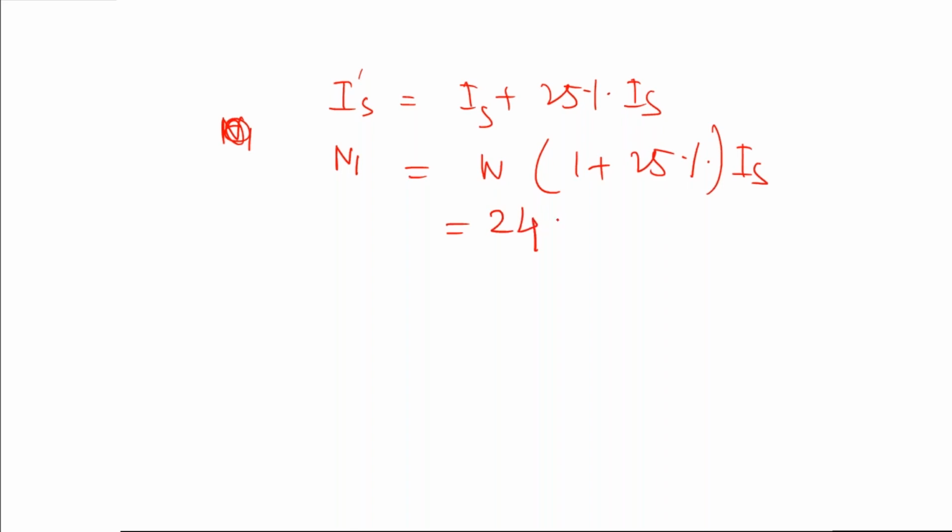So 1 plus this will be 1 by 4 into 25 over 100, so this is 5 by 4. Look here, so this is 24 by 4 into 5 here.